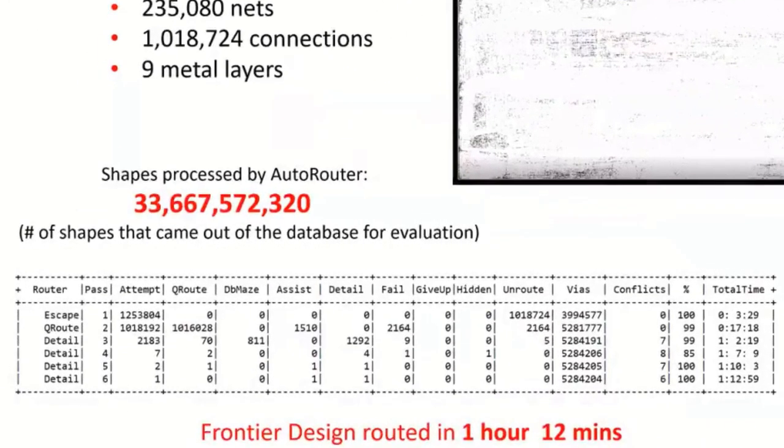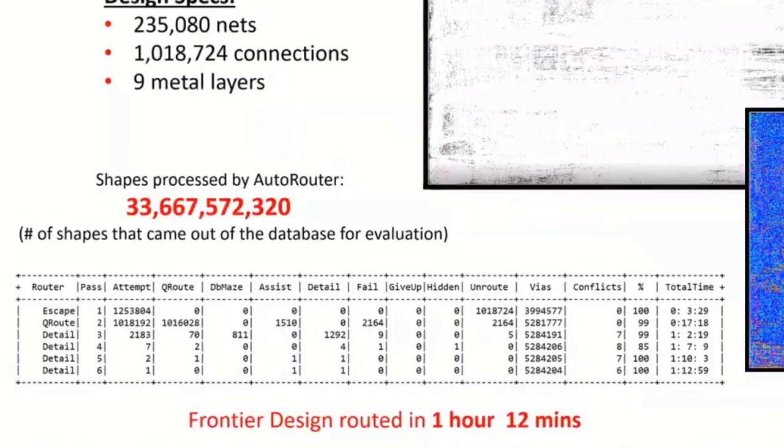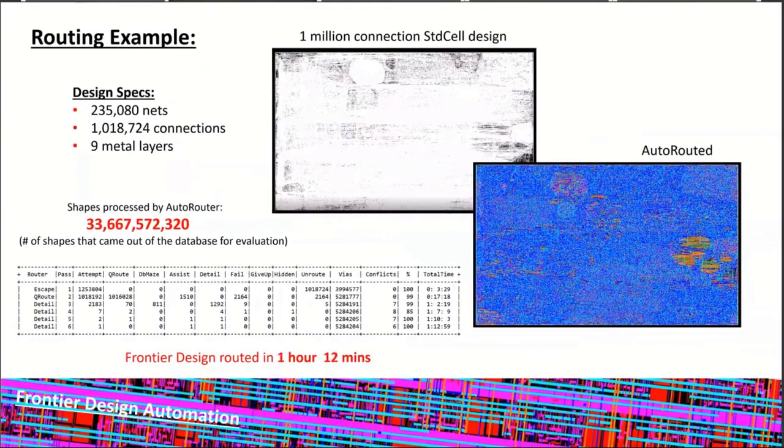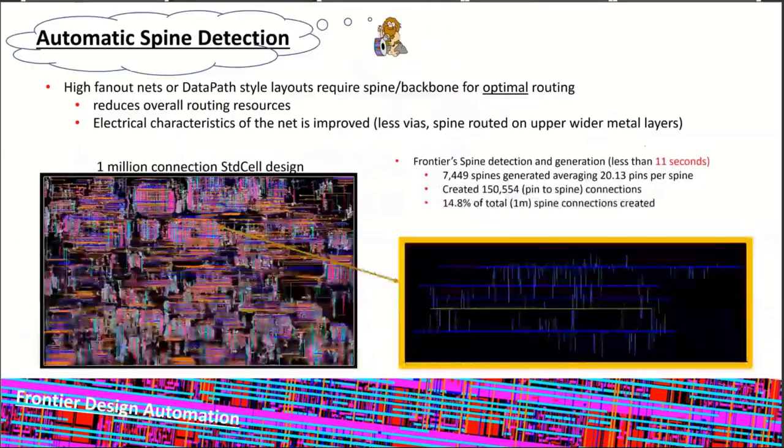The number of shapes that came out of the database for evaluation was 33 billion. Just something that we always monitor, all the shapes. And Frontier Design routed that in a little over an hour and 12 minutes to route the whole thing. So you can see how many shapes came out and the complexity of the shapes.